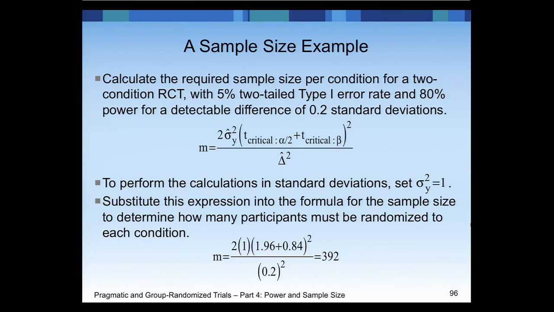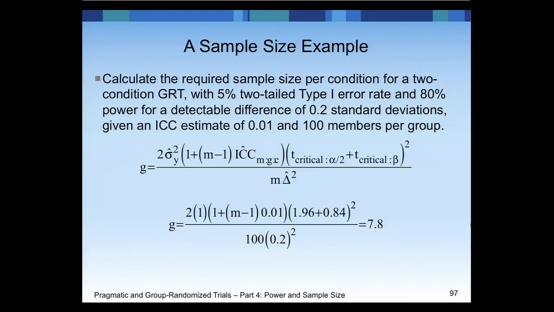If we substitute this expression into the formula and use a delta of 0.2, if we assume we have lots of degrees of freedom, I can use 1.96 and 0.84 as my critical values for t. Do the math, and we get 392 for the number of members per group. So we need a pretty large study with a modest effect size of 0.2 standard deviation units. But here's the answer, and we're done.